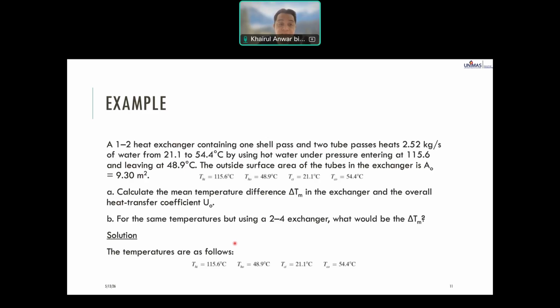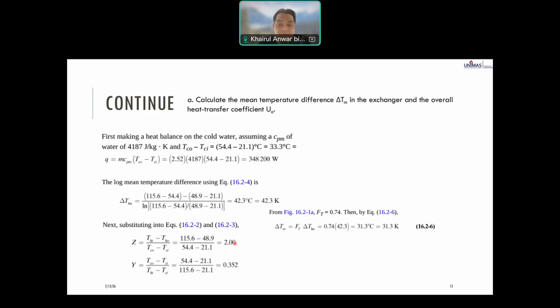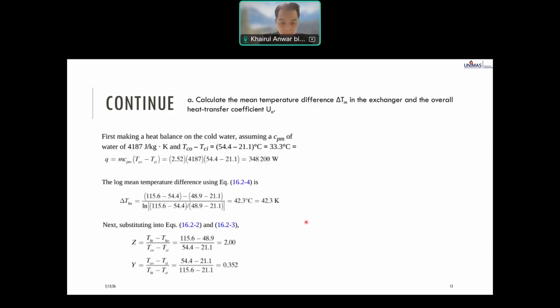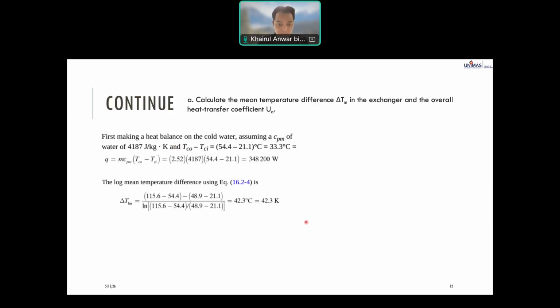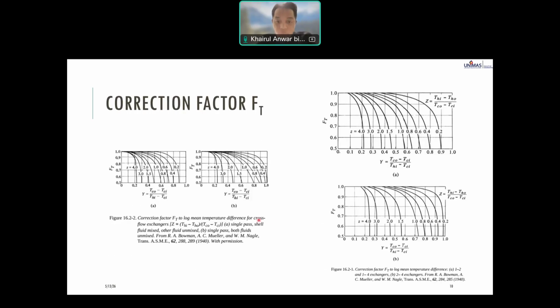Because this is a 1 to 2 heat exchanger. So from figure 16.2-1a, this figure, Z is 0.352 and Y is 0.345. For a 1 to 2 heat exchanger, you need to use this one.